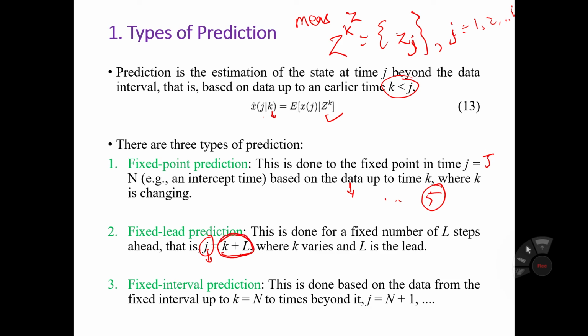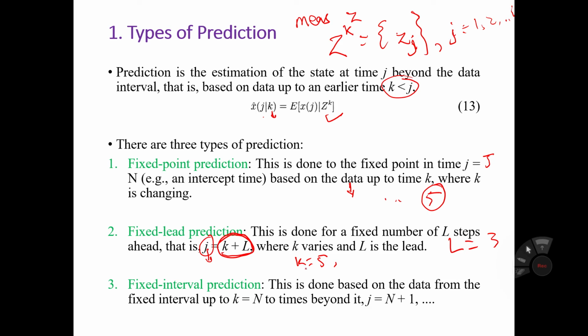So if k is 5 and the lead size is 3, then at each scan the lead 3 is accumulated in this scan.